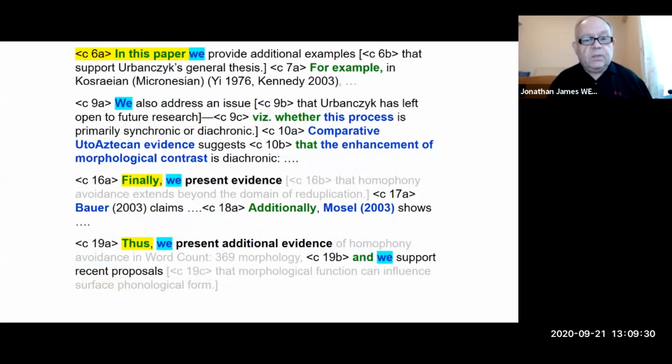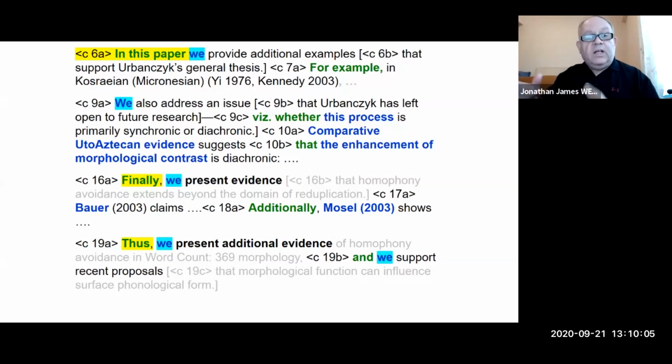And now notice 6, in this paper, we; 9, we; 16, we; 19, we. This is now about the authors of this paper. This is what they say. This is what they are concluding. This is what they are presenting, what they are providing. Okay? And you notice the verbs are all, because of the nature of this writing, an abstract, you're telling people what you are going to present them, what you're going to provide for them.